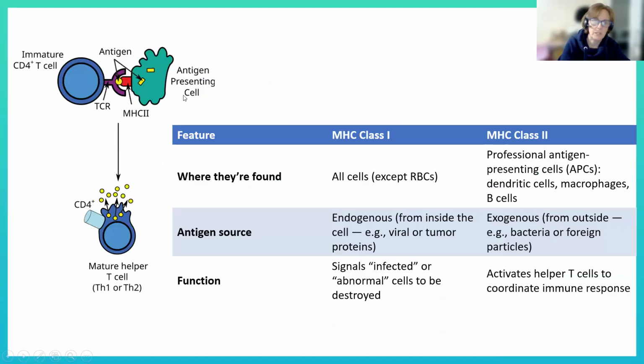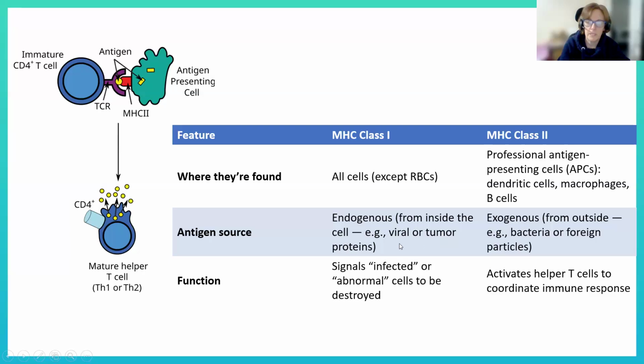So let's have a look at this bit here. The red bit is these specialized major histocompatibility complex structures. We have two classes, class 1 and class 2, and they are specialized for different things.